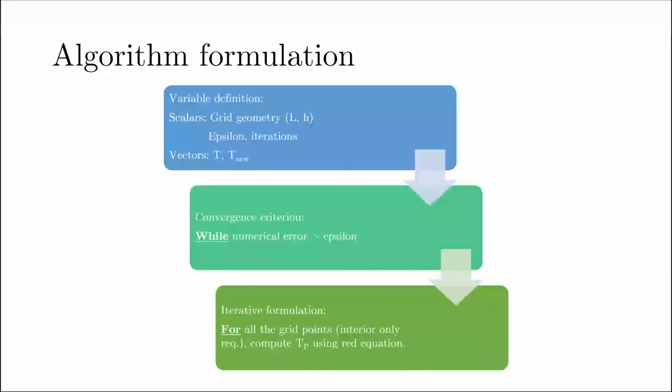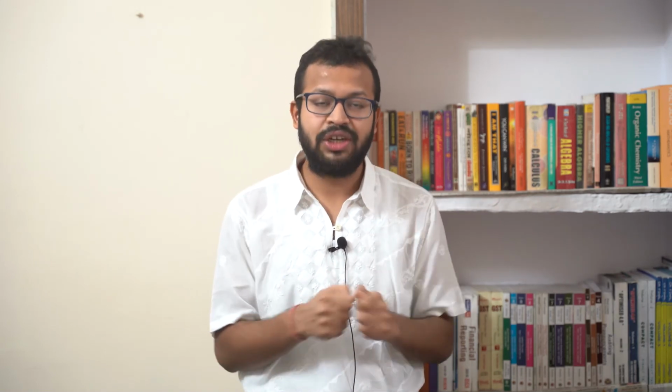So again, the ideas would be more or less similar, that your convergence criterion would be that while the numerical error is greater than epsilon, so here you would need a while statement followed by an iterative formulation in which we do the calculation for all the grid points. Usually in this case it would be only for the interior grid points. We would compute the new value of the temperature at our point of interest, TP, using that iterative equation.